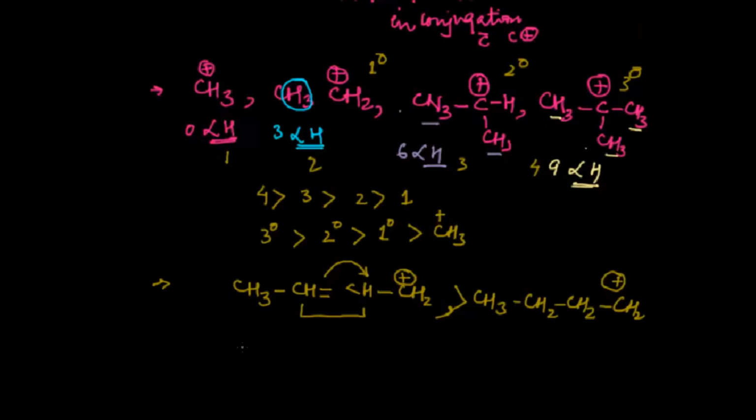Based on this, suppose we have to compare this one, CH2 double bond CH, CH2 positive, and this one, O minus, CH2 positive, and one more like this, OH, CH2 positive.